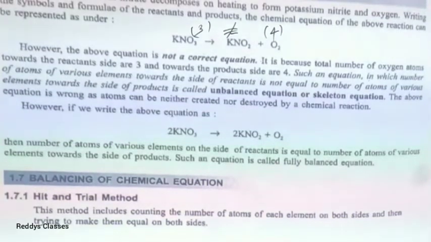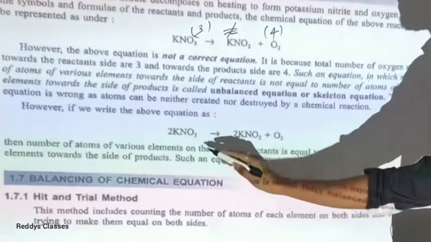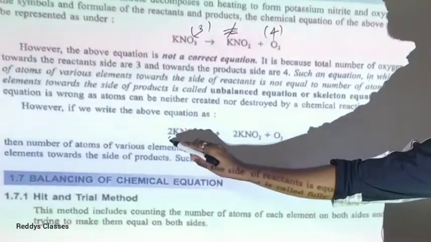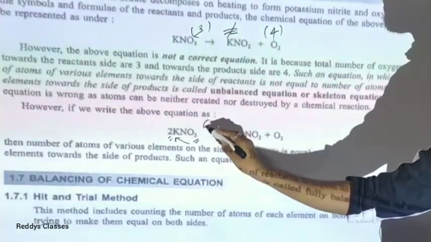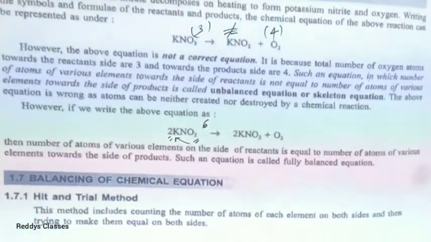So the above equation is wrong, as atoms can be neither created nor destroyed by a chemical reaction. However, if we write this equation as given above, you can see we now have this 3 and this 2. 3 into 2 is 6.